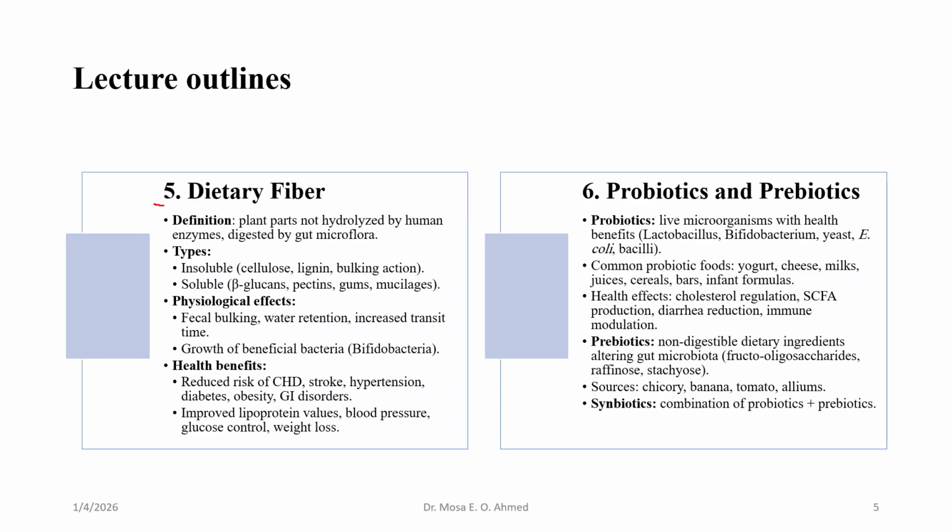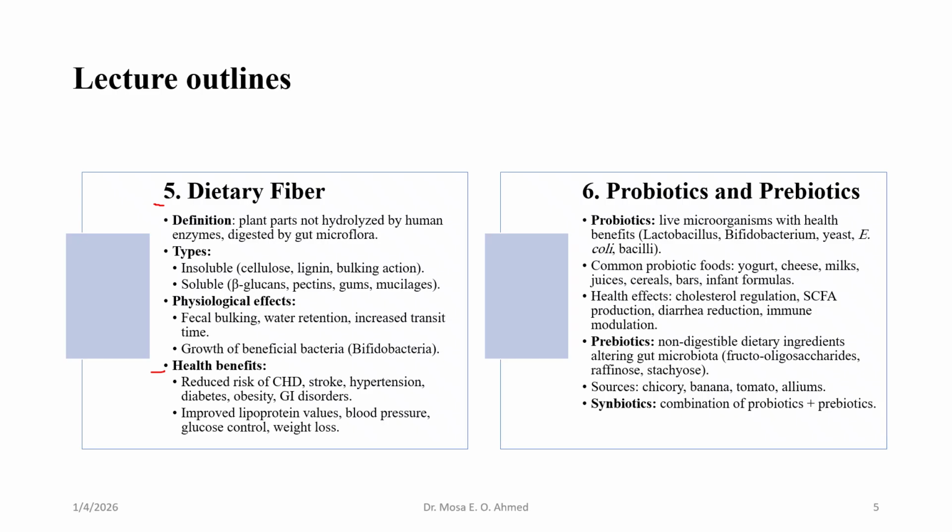And depending on these physiological effects, the health benefits of dietary fibers include reduced risk of CHD, stroke, hypertension, diabetes, obesity, and GIT disorder. Besides these mentioned benefits, dietary fibers also improve lipoprotein value, blood pressure, glucose control, and weight loss.